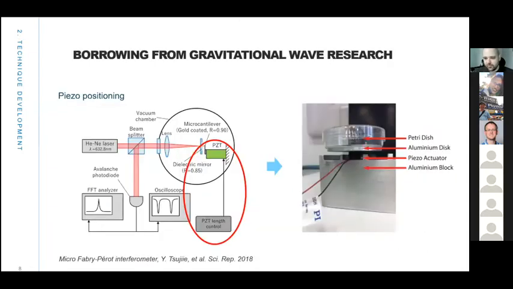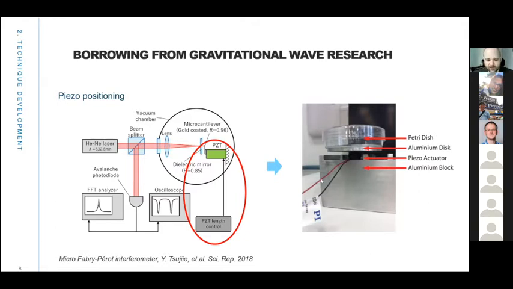So you might ask what this has to do with gravitational wave research. Well, to produce nanoscale amplitude vibration is non-trivial, particularly in complex materials such as Petri dishes and other containers. So we borrowed a few materials and methods from the gravitational wave group at Glasgow, so that we can do this effectively and reproducibly.